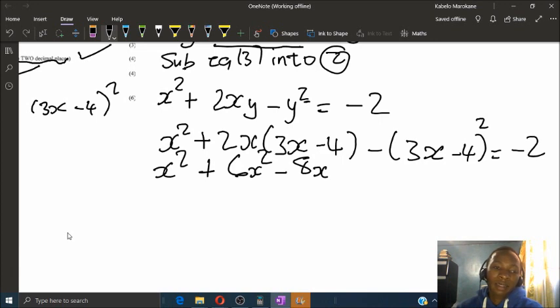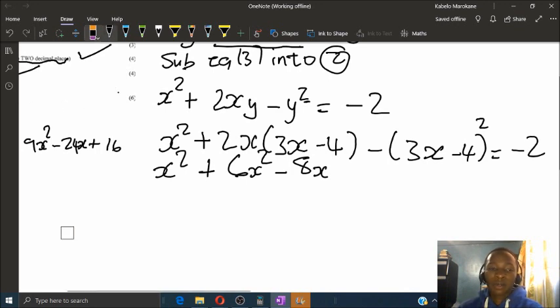Square 3x, which will give you 9x squared, and then multiply 3x with minus 4, which will give you minus 12, and then multiply that with 2, which will give you minus 24x, and then square minus 4, which will give you 16. Or you can just do two brackets and then multiply them, but this one is the quickest method.